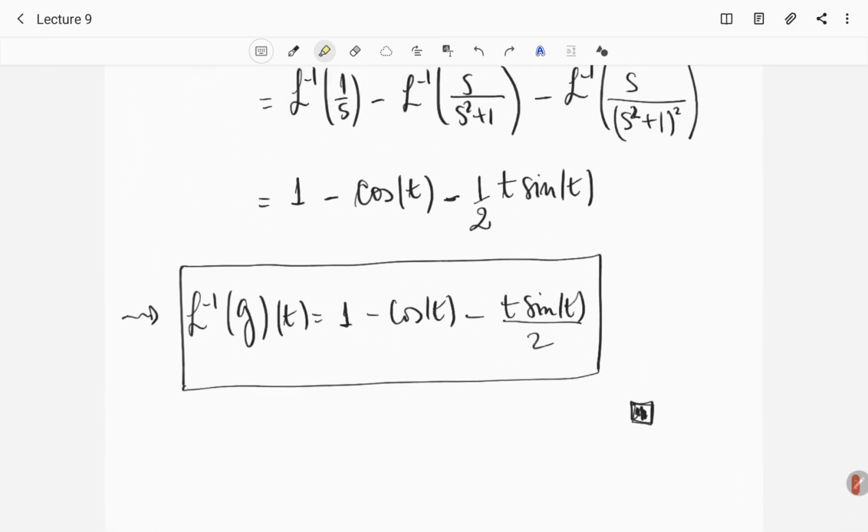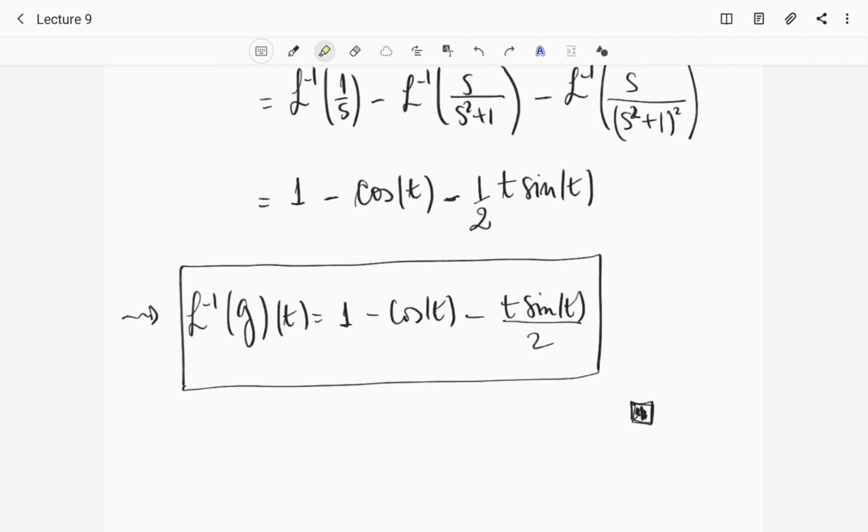Okay, and that was it, but remember all the stuff that we learned today: the definition of the Laplace transform, the 4 properties, linearity, how the Laplace transform acts on derivatives, powers of t, and exponential functions going into shifting, and finally how to undo the Laplace transform, so the inverse Laplace transform.